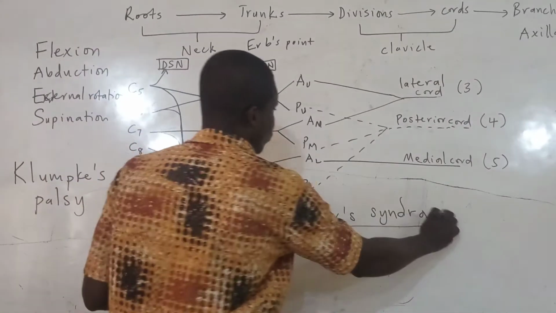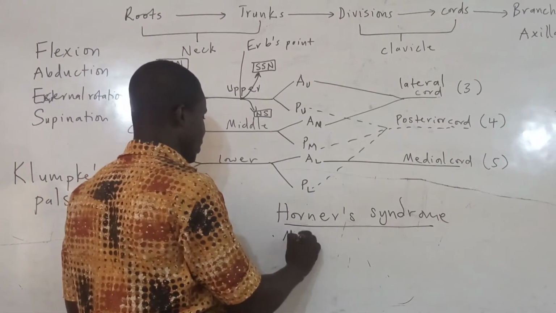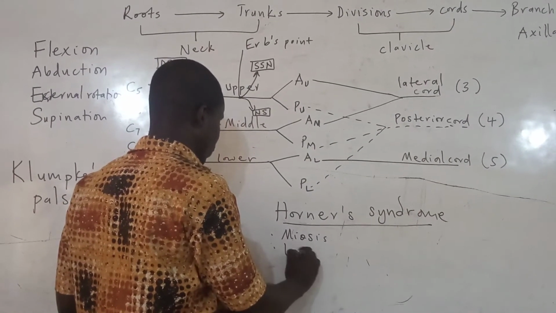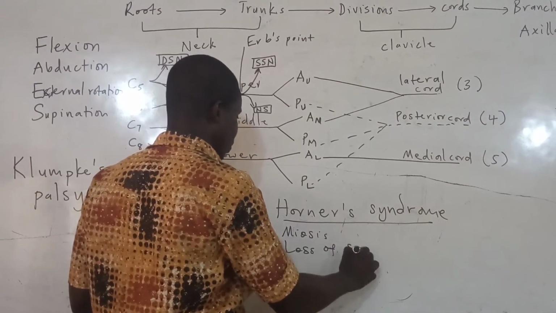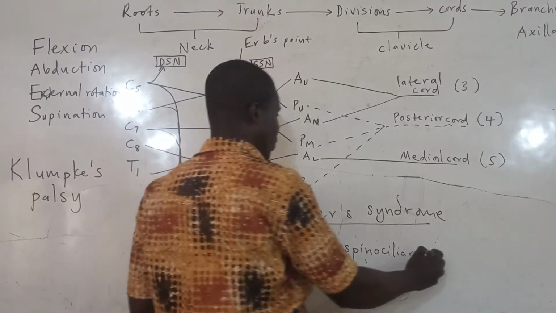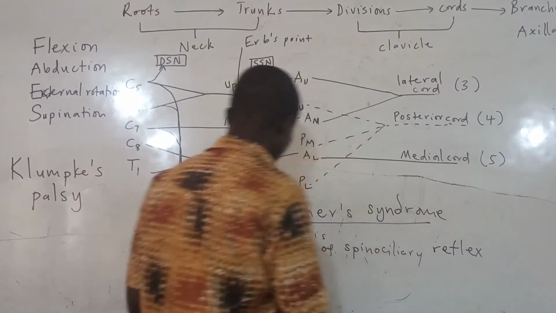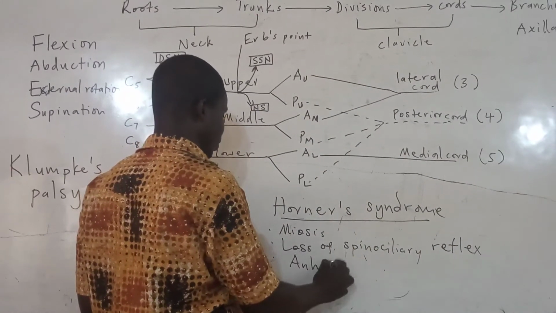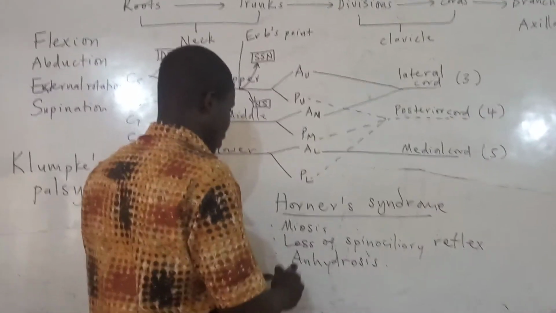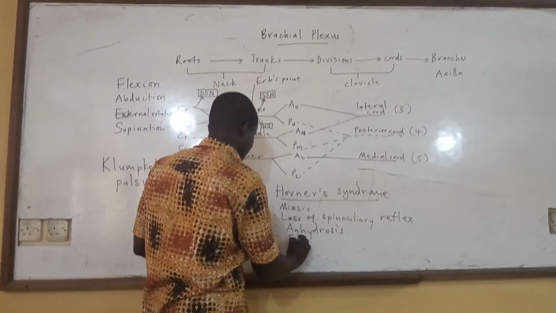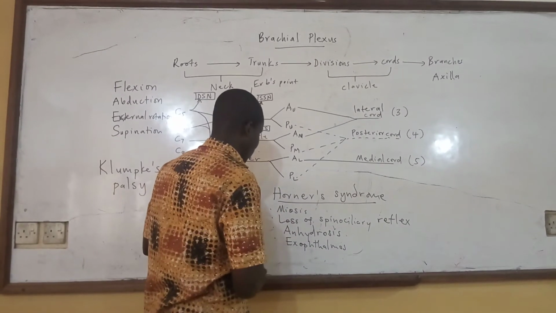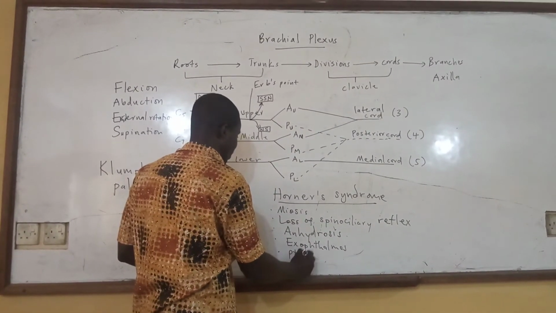Horner's syndrome actually presents with what we call miosis, resulting in loss of the ciliospinal reflex, anhidrosis, enophthalmos, and ptosis.